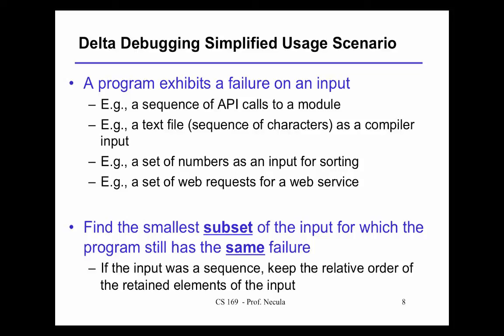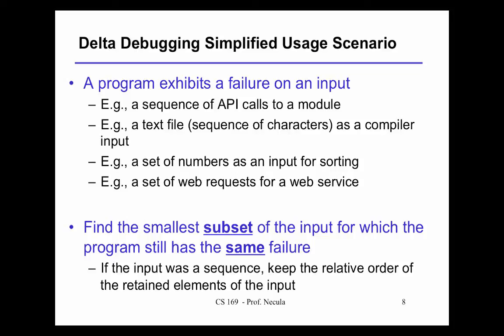So this is the set that you're going to minimize. And from this, you're going to find out 31 and 87. This is the smallest subset of the inputs that causes the problem. But because I'm working with indices, I'm retaining their relative order. This is the main point I'm trying to make.